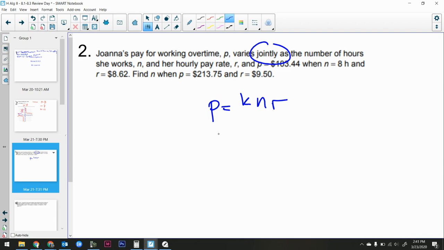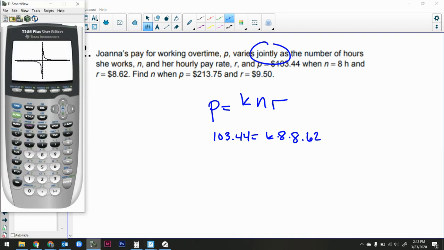All right, so it says I've got 103.44 is equal to K times 8 hours worked and 8.62. I'm going to go on my calculator. I'm going to take 8 times 8.62, 68.96.